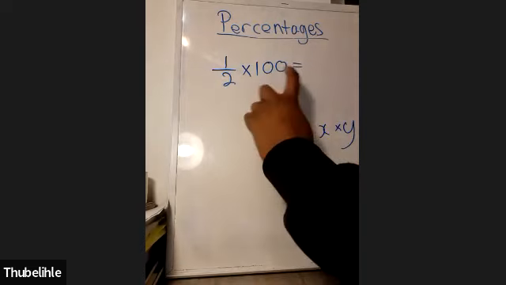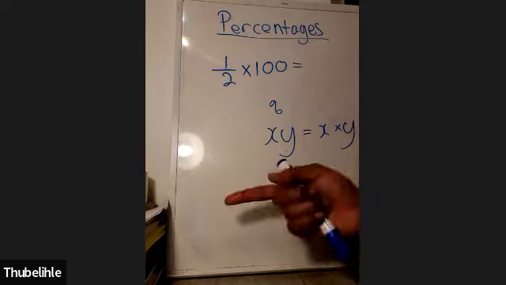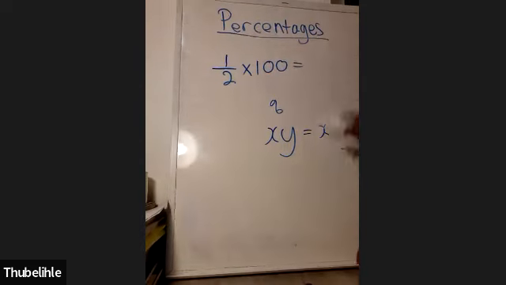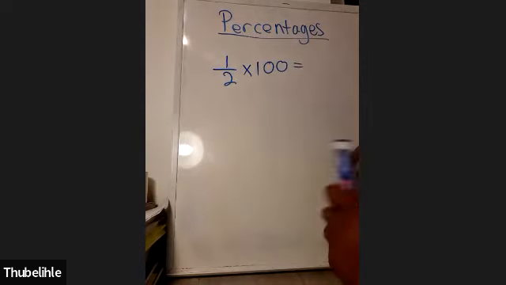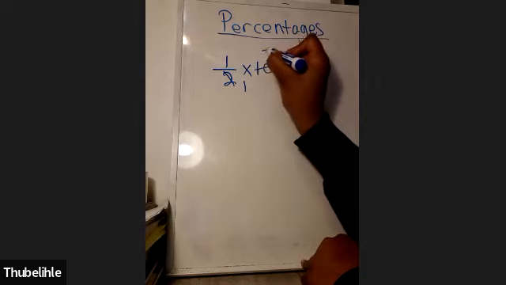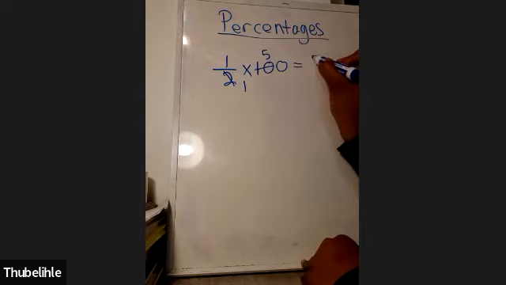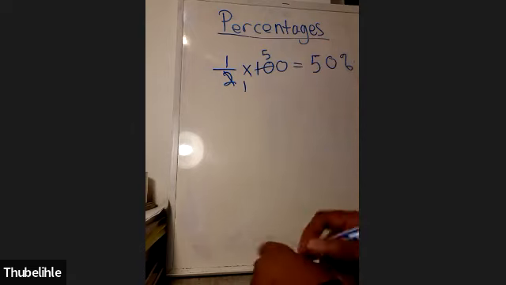And we said percent is 100th. But now we're reversing, we're not going the other way. So that's why we're multiplying by 100 and not 1 over 100. So we now say 2 into 2, we get 1. 2 into 10, you get 5, 5 into 0, we get 50. So that's how you convert a fraction into a percentage.